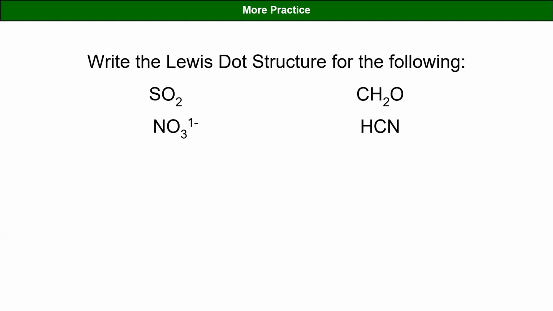Still use the right number of electrons. Does everything have a full valence though? No, not yet. So we do it again. That fills our first criteria, right? It fills our second criteria.